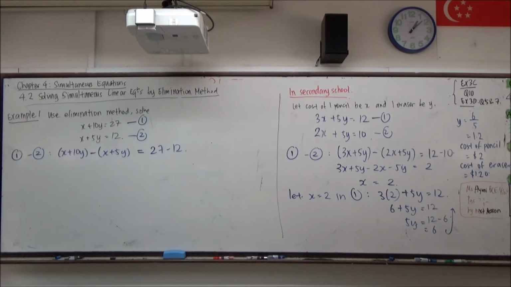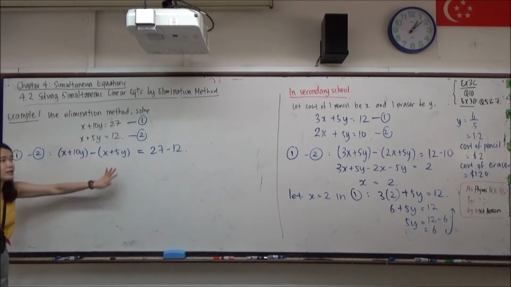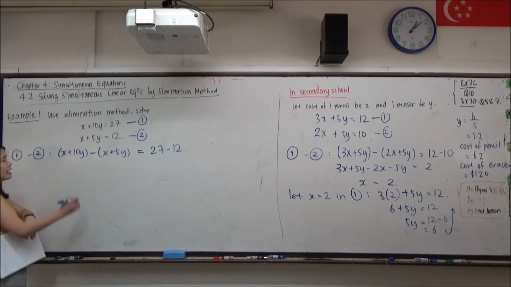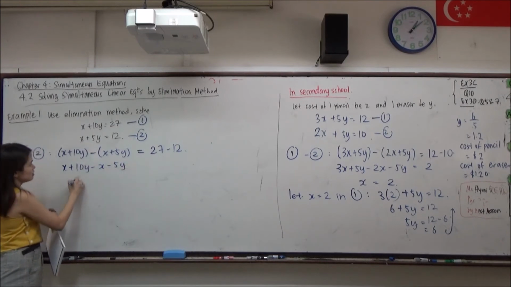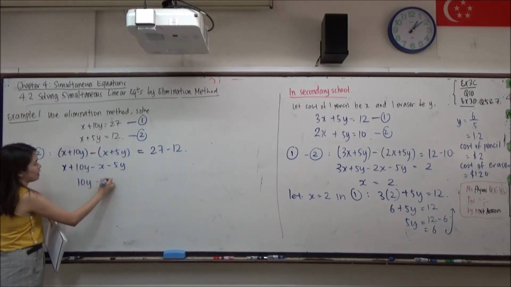But of course, if you can see things fast enough, because it is elimination, you know that eventually you're supposed to get 10y minus 5y. Do we agree with that? Because we're eliminating this, right? We know very clearly it's 10y minus 5y. Technically, when I open up these brackets, I should eventually be getting 10y minus 5y.